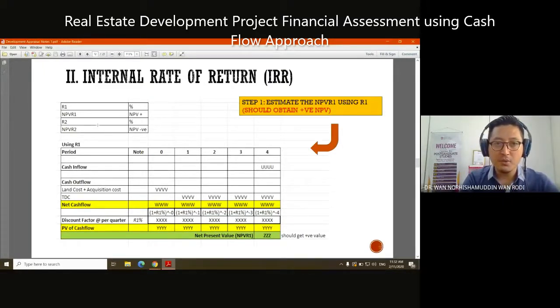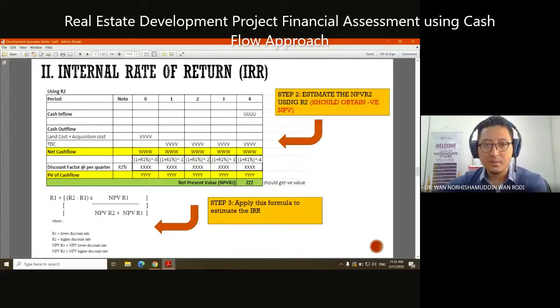Using the same cash flow, using the same calculations that we need to get the PV of cash flow, you will have to estimate both figures, positive NPV and negative NPV, for R1 and R2. Okay, and then we transfer into the formula, R1 and R2. So you apply this formula to get the IRR.